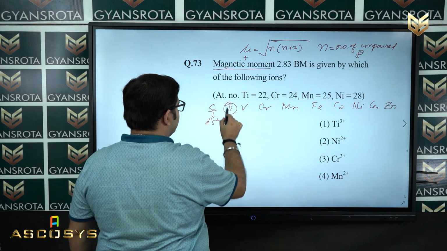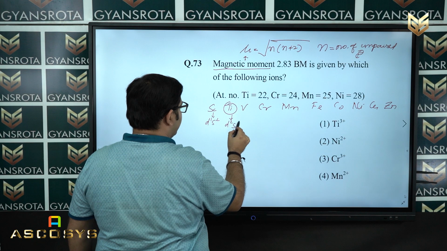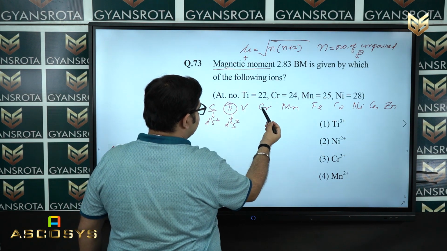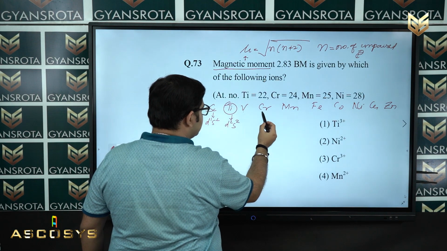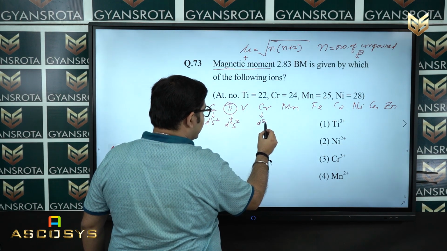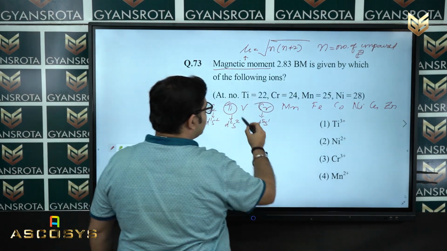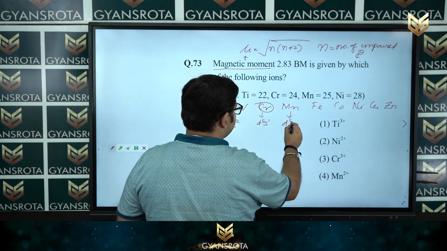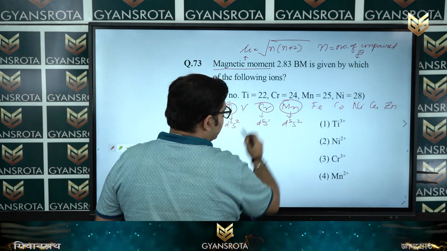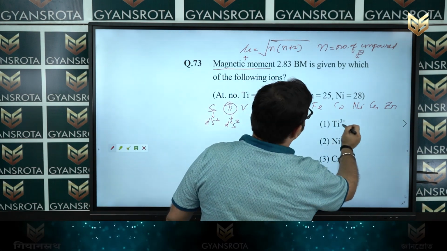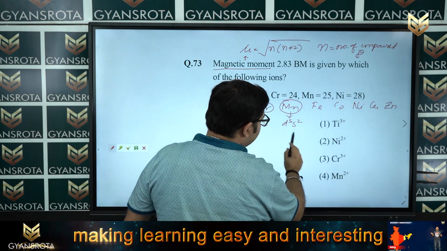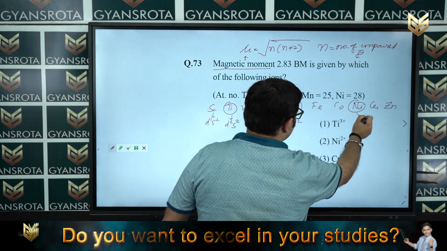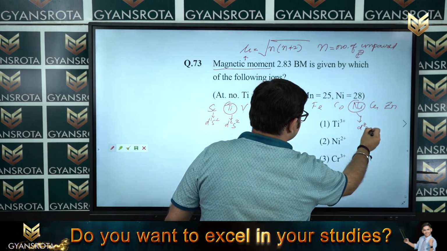Then d2 s2, then d3 s2, d5 s1 for chromium, which we require, then manganese also, this is d5 s2, and another one is required. This one is done, Mn is done, nickel. So d5 s2, d6 s2, d7 s2, that is d8 s2.